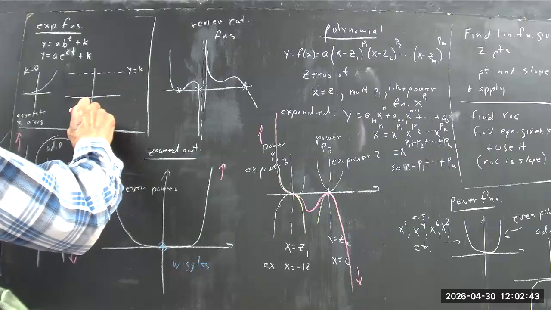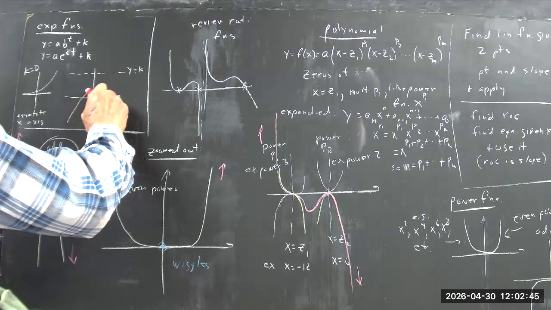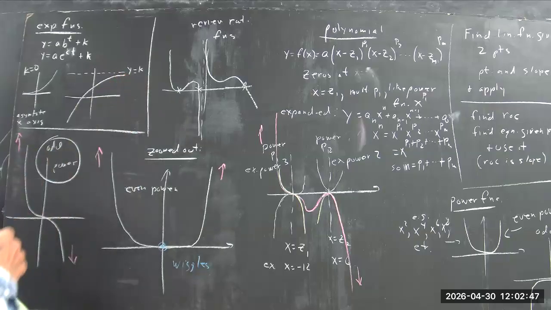If, for example, I have a graph that does this, and it's exponential, this is the exponential shape, just turned upside down.